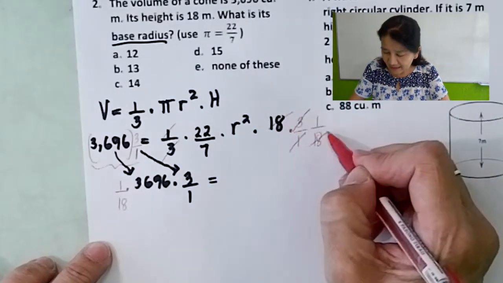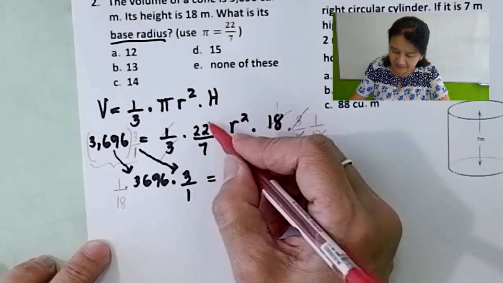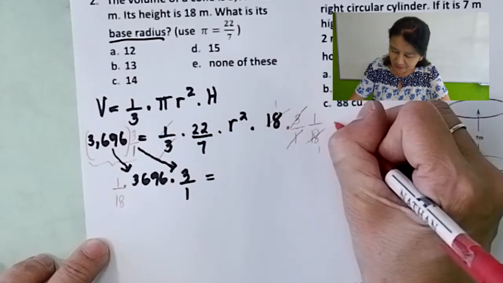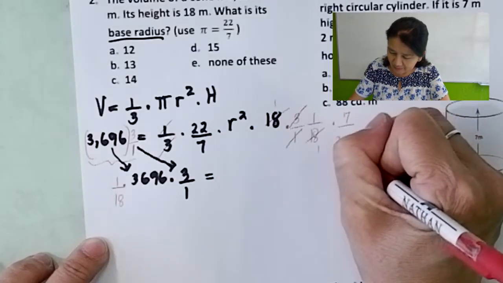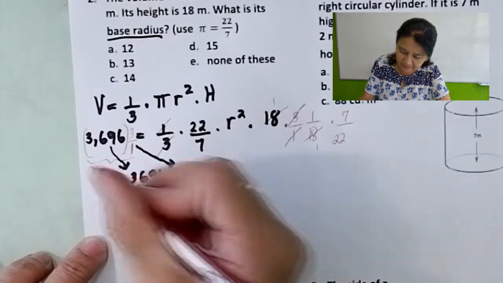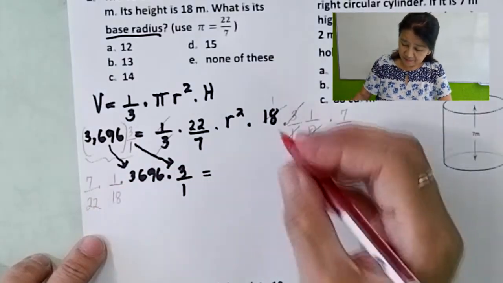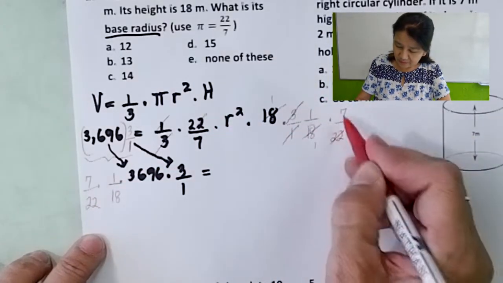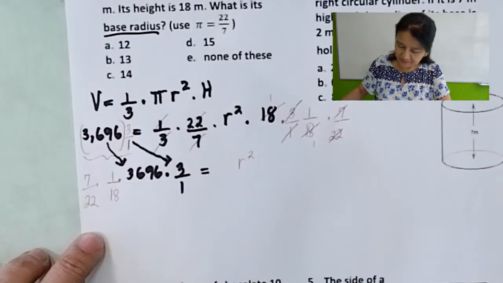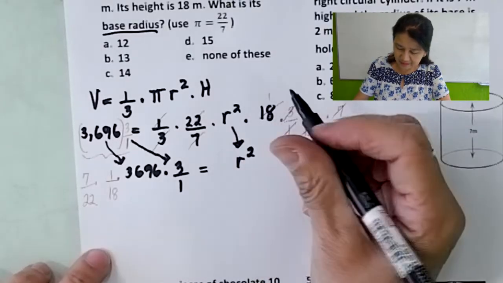Because it will cancel with 18 here. It will give you a 1. Then 22 over 7 was left. So you multiply 7 over 22 to the left and to the right. So here you cancel 22, you cancel 7. You're left with r squared.